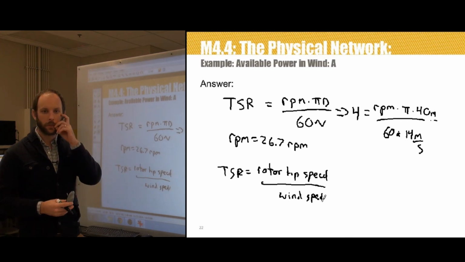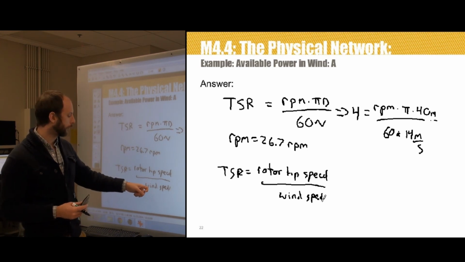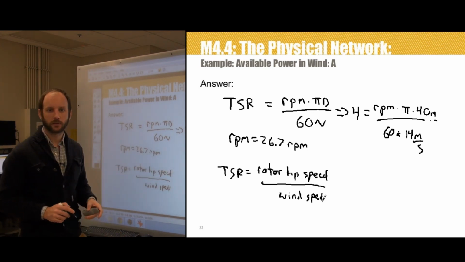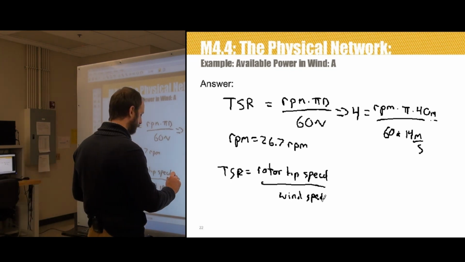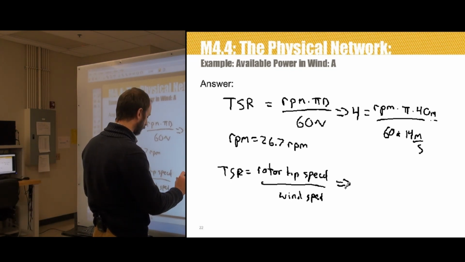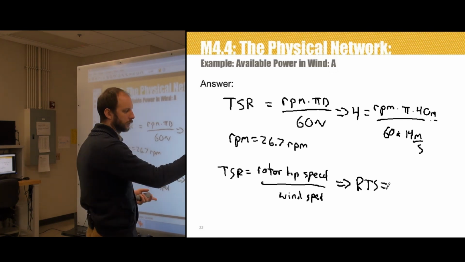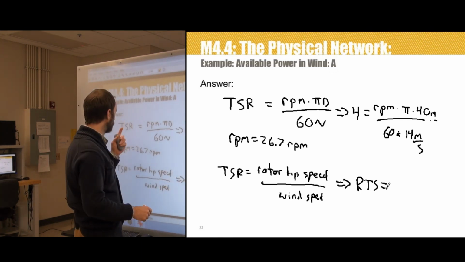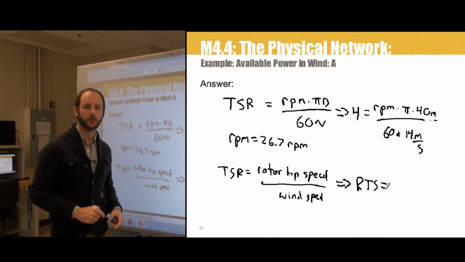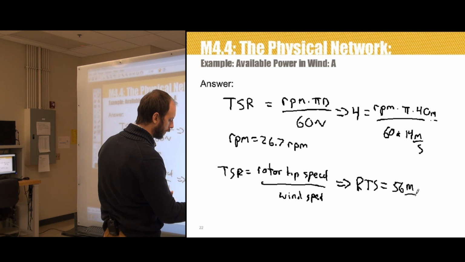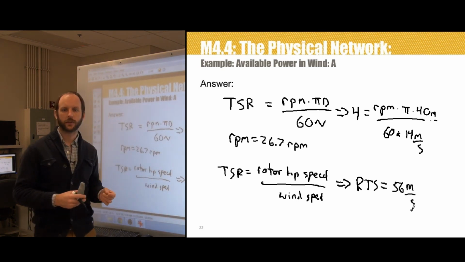So we just need to multiply 14 meters per second by 4. I'm going to call it rotor tip speed. That's equal to 14 meters per second times the TSR, which was 4, so 56 meters per second. That's about 125 miles an hour.